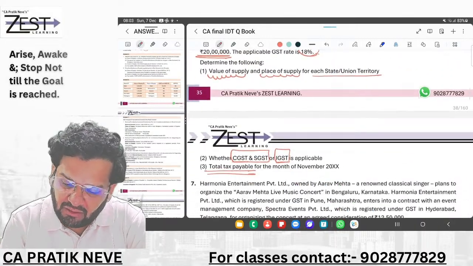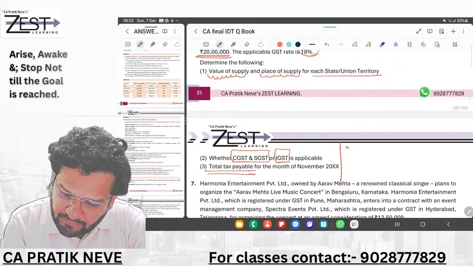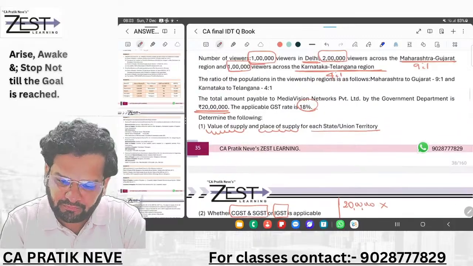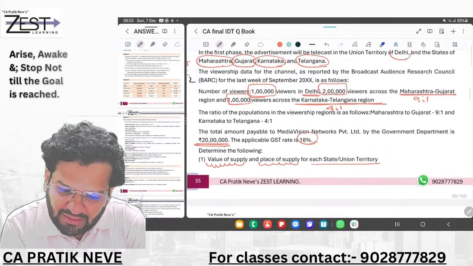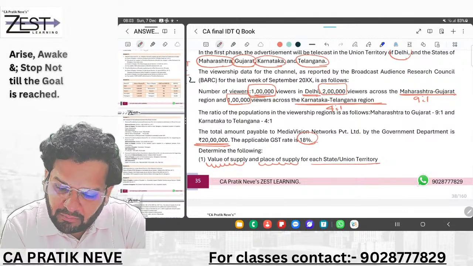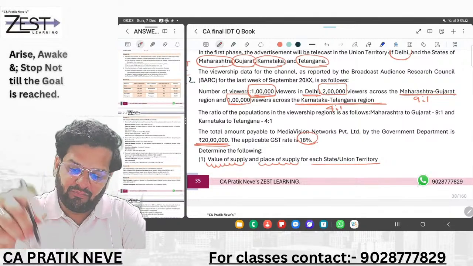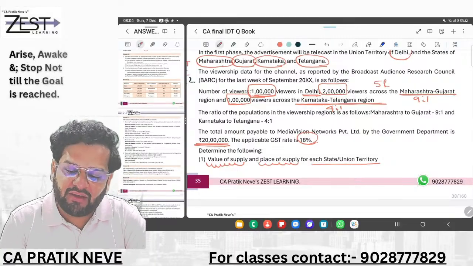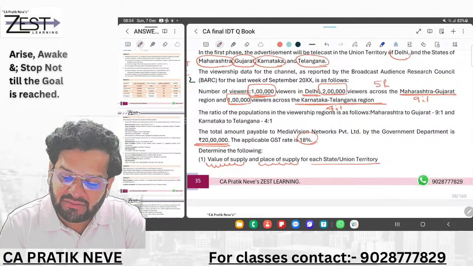So simple thing, what you do now is 20 lakh into, see, 1 lakh in Delhi out of total 1 lakh plus 2 lakh plus 1 lakh. So total viewers are 5 lakhs. Out of 5 lakhs, 1 lakh are in Delhi.